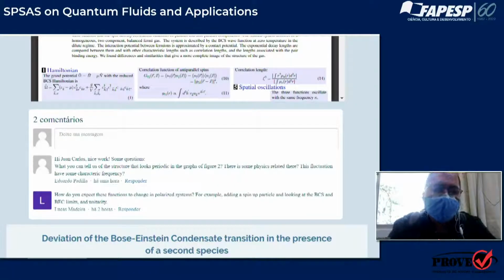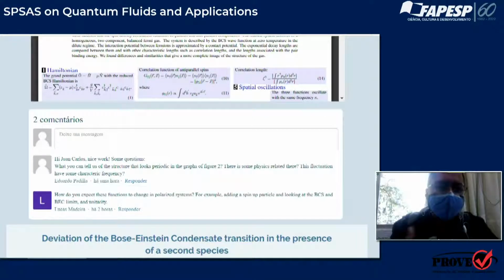On the BCS side, these oscillations are associated to the presence of a sharp Fermi surface. And as we move to the BEC side, the Fermi surface is smeared, or it vanishes.